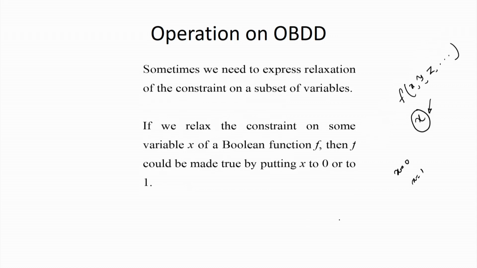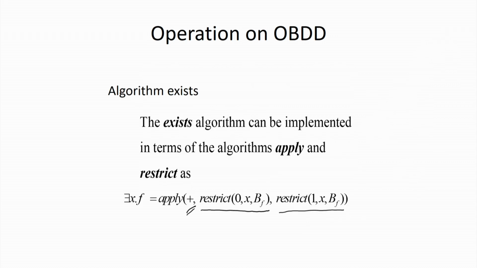So, we can use the apply algorithm to get the relaxation on some variable x. For there exists some x of f, meaning we relax the constraint on this variable x, the resultant BDD can be constructed with the help of the apply operation.